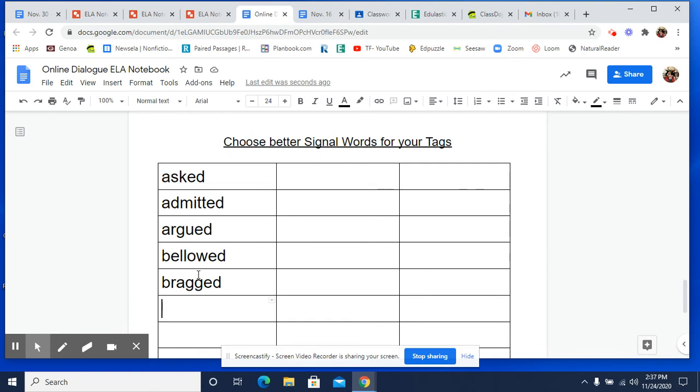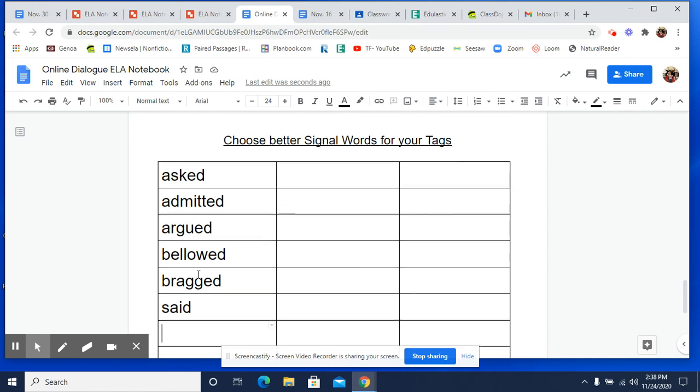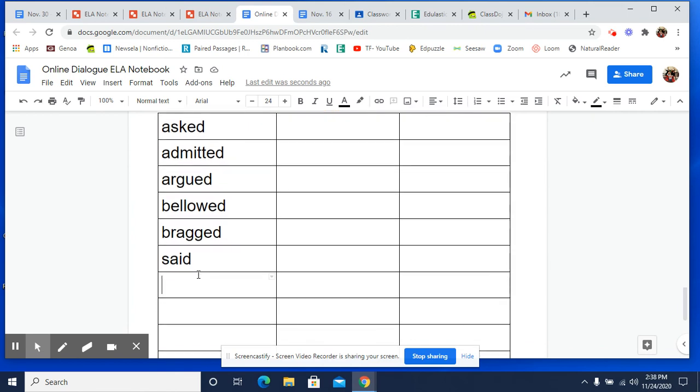I want to try to stay away from said all the time. Now, sometimes said fits, so it's okay if you use said. So let's go ahead and write said, okay? Because sometimes that does fit, but many times you can be more specific, and that will help your story be more descriptive also.